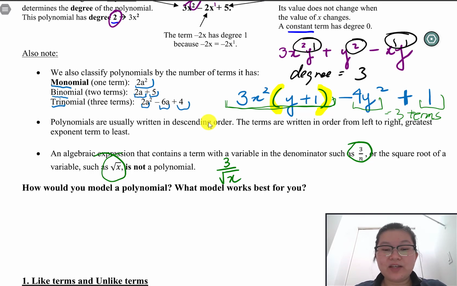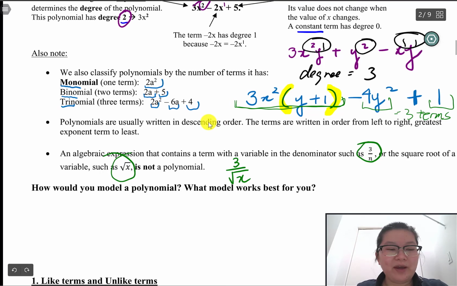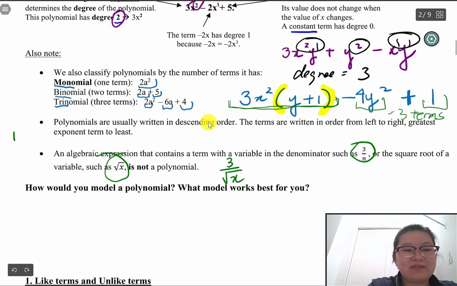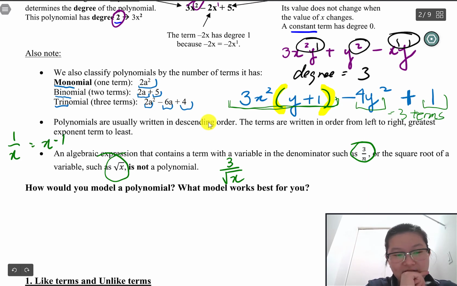The reason why is not something you would know at this point, but if you paid special attention to the previous episodes where we talked about exponents, I may have alluded to the fact that anything in a fraction like 1 over x is x with a negative exponent of -1.